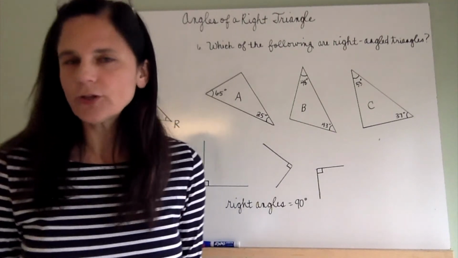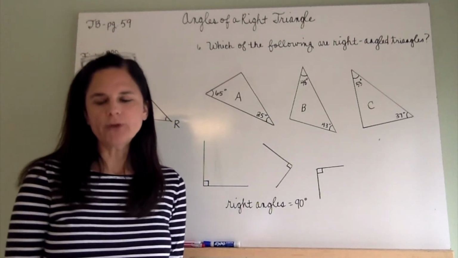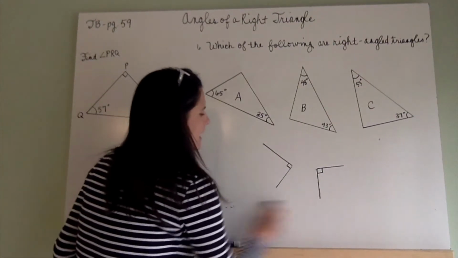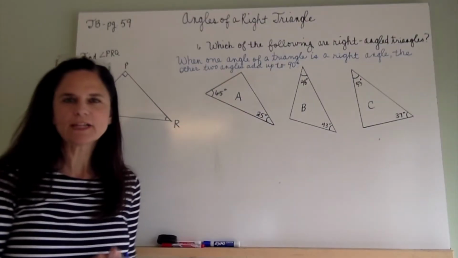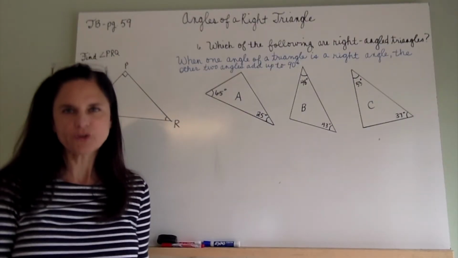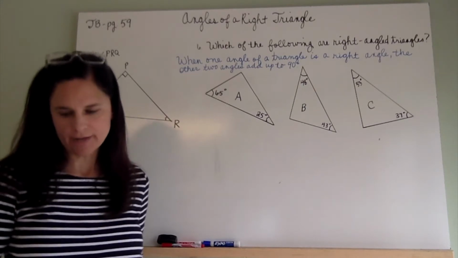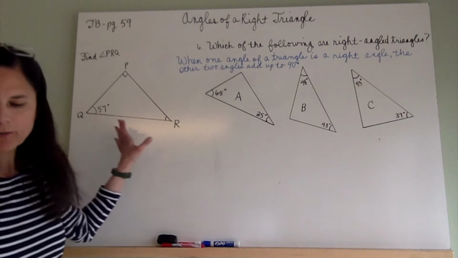Okay, so let's take a look at how we can use this property to solve for unknown angles. So I'm going to erase my board here, and let's use this property of right triangles to investigate some triangles on page 59. So number 5 on page 59 I've drawn up on the board.